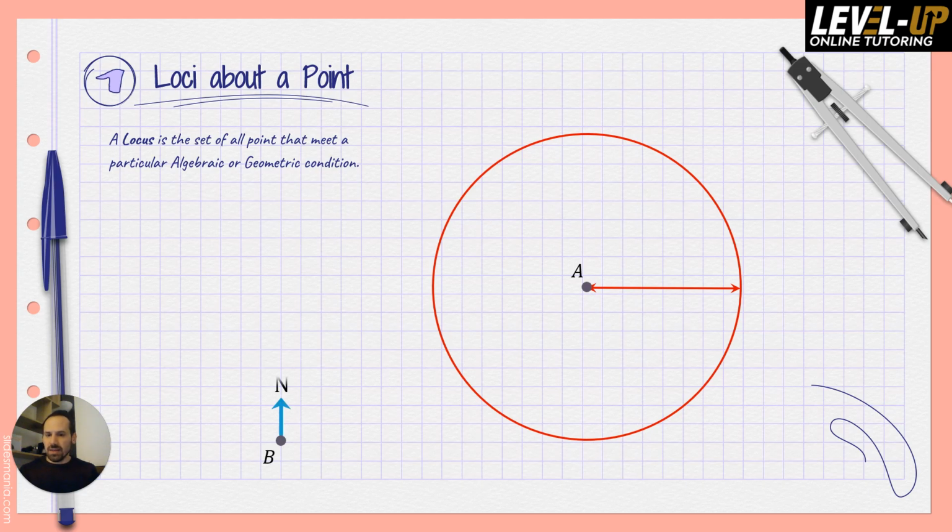We've also seen this with bearings. If we have a point B here and we draw a north line, and we have this particular bearing angle, and we want the locus of all points that are on that bearing, it's going to be essentially this line. If we then wanted to know what is the set of all points that are on both of these loci, it would simply be the intersection.